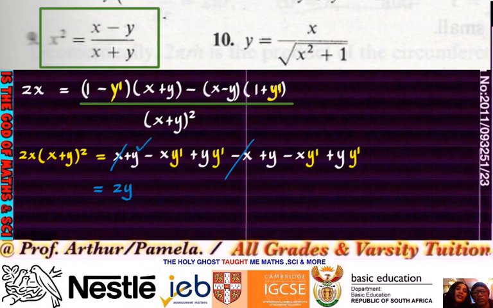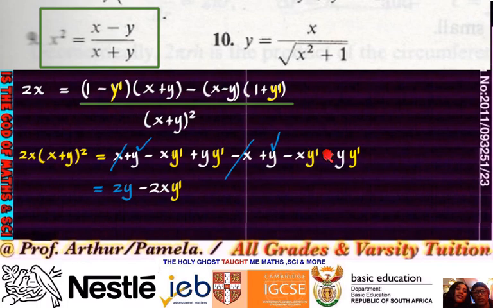That means that and that are gone. All right. What else have I got? I've got this one, minus xy prime minus xy prime. So it's going to be minus 2xy prime.